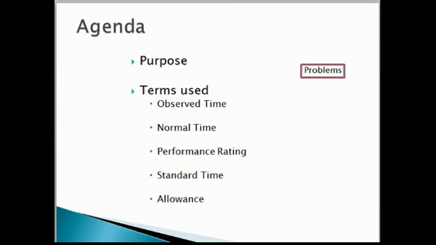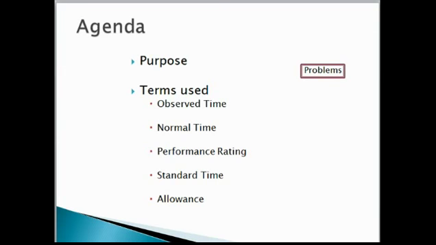Then what's the normal time? Many a time it happens that some operators do the activity faster, some do it slower, and some are doing it at the usual rate. But why we are doing this time study is to come up with the standard time required to complete the task.